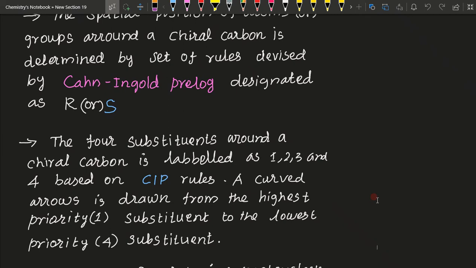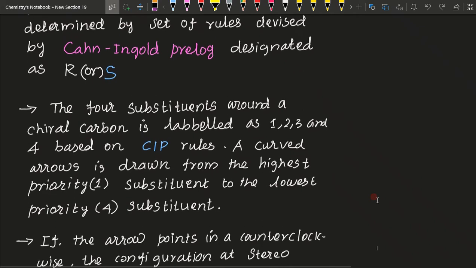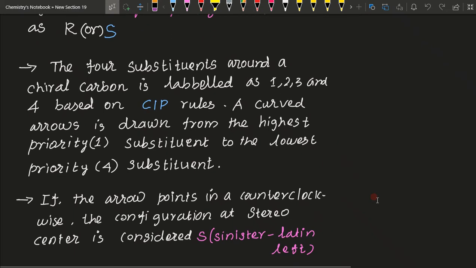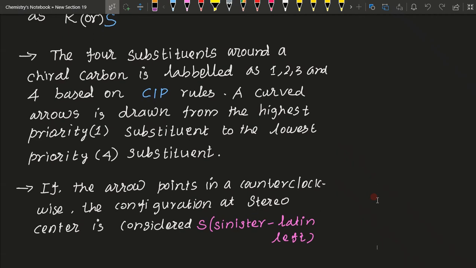A curved arrow is drawn from the highest priority substituent 1 to the lowest priority substituent 4. If the arrow points counterclockwise, meaning anti-clockwise, the configuration at the stereo center is considered S, sinister in the Latin word.